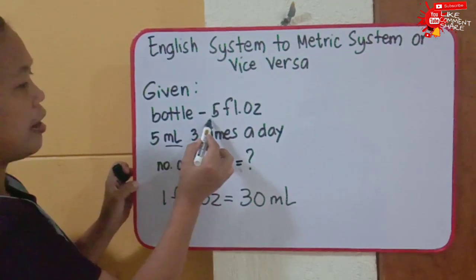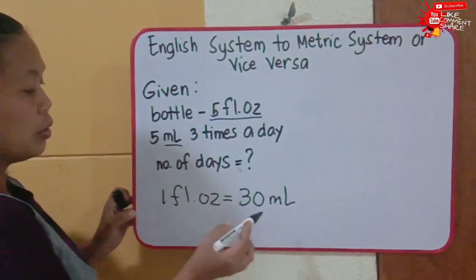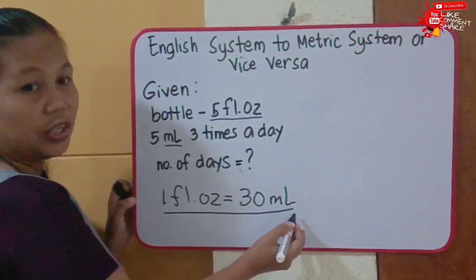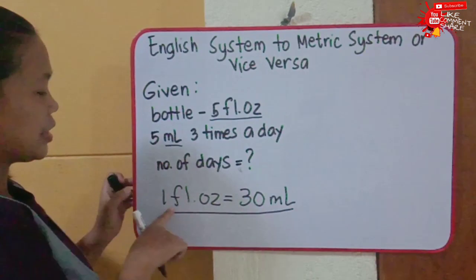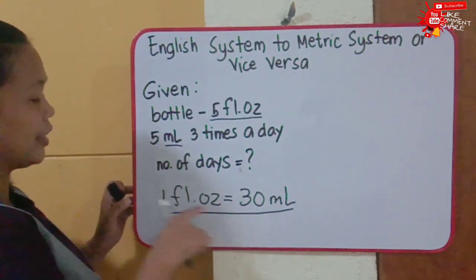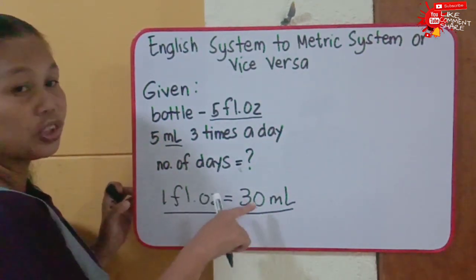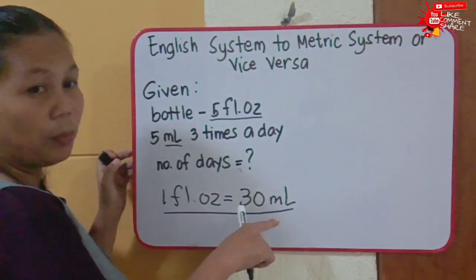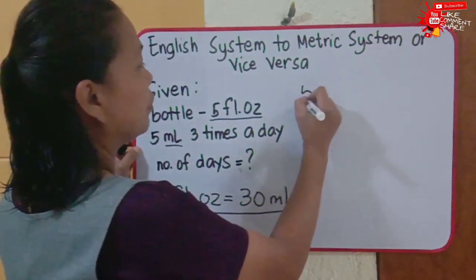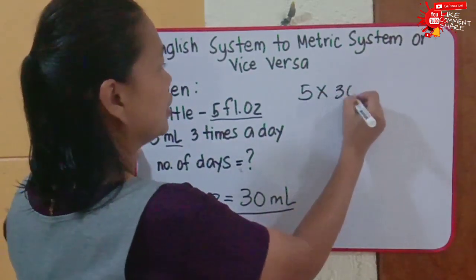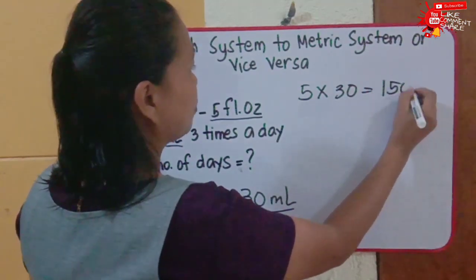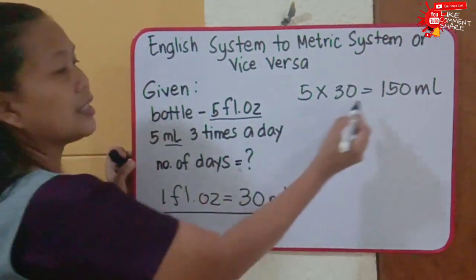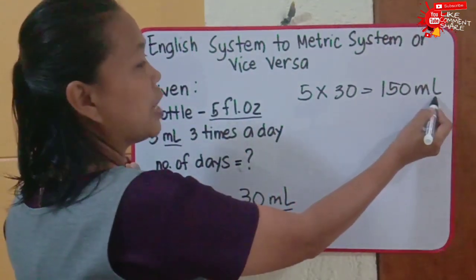So we have to change 5 fluid ounces to milliliters. Since in our conversion it is direct that 1 fluid ounce is equal to 30 milliliters, we will use multiplication as our operation. So 5 times 30 is equal to 150 milliliters. So 5 fluid ounces is equal to 150 milliliters.